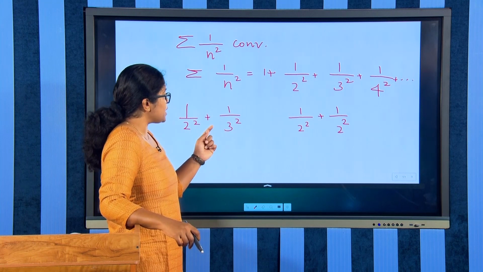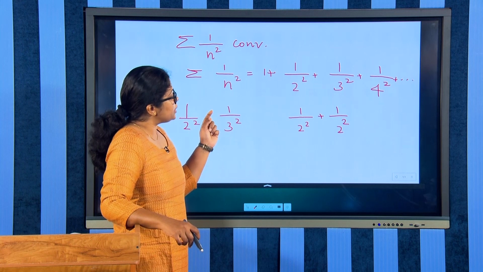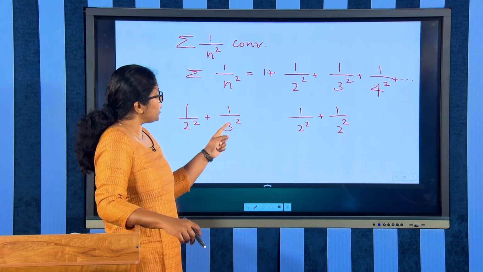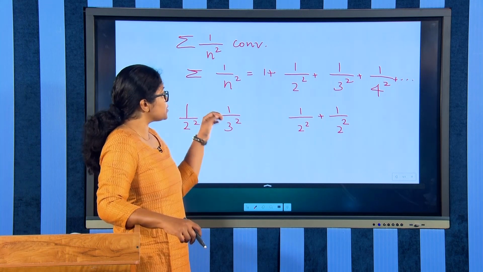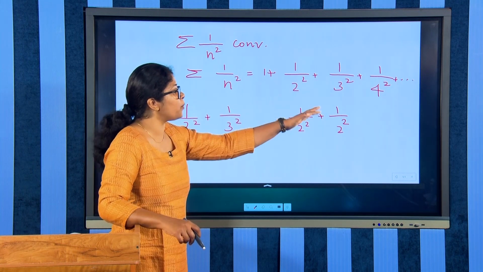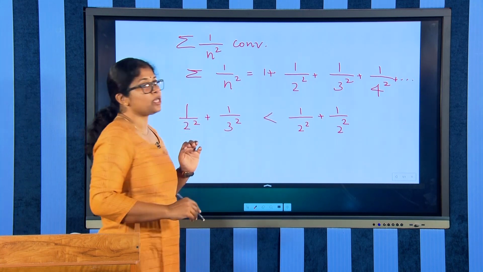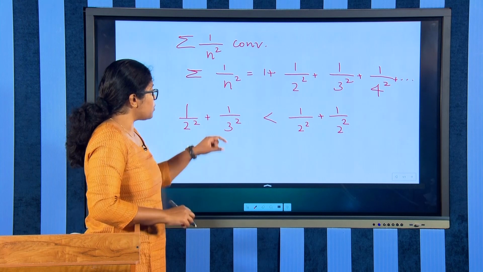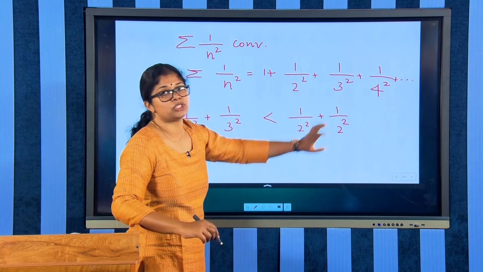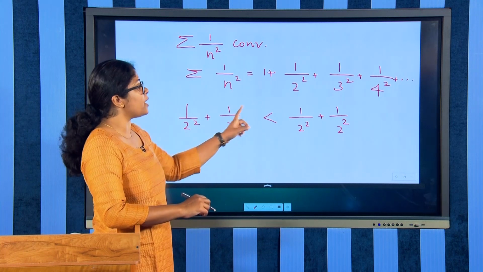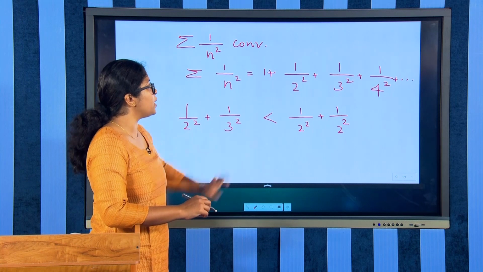The LHS is 1 upon 2 square plus 1 upon 3 square. 3 is greater than 2, and so 1 upon 3 square and 1 upon 2 square gives a less than or equal to symbol here, because this ratio is much smaller than this ratio, because 3 square is larger than 2 square. So, when you take the reciprocal, the inequality gets reversed.